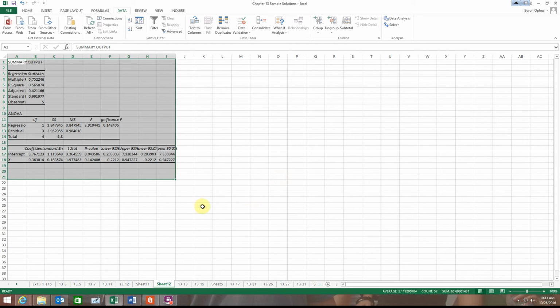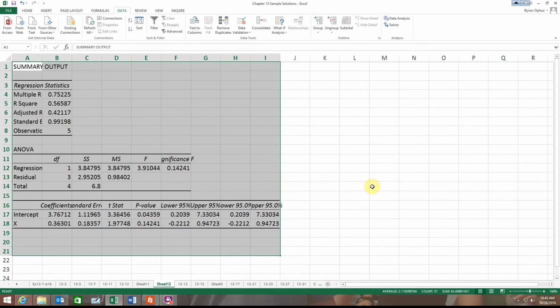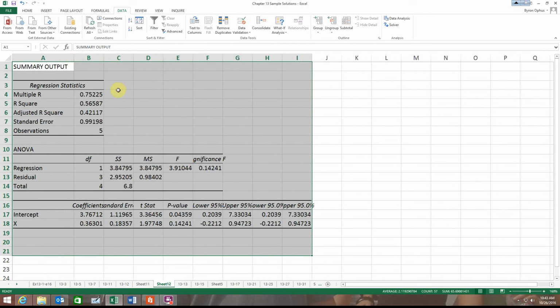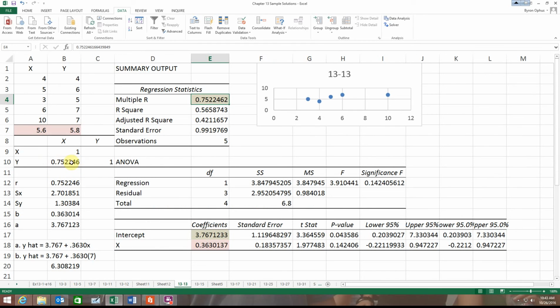Click OK, and it gives us this type of output, which is very similar. It's exactly the same as what I got on the other one, I hope. Intercept, and so on. My multiple R should be the same as my R, which is 0.7522426.